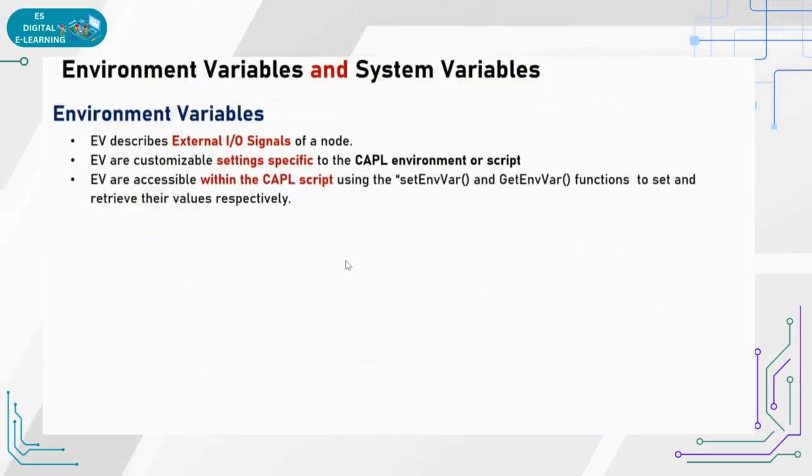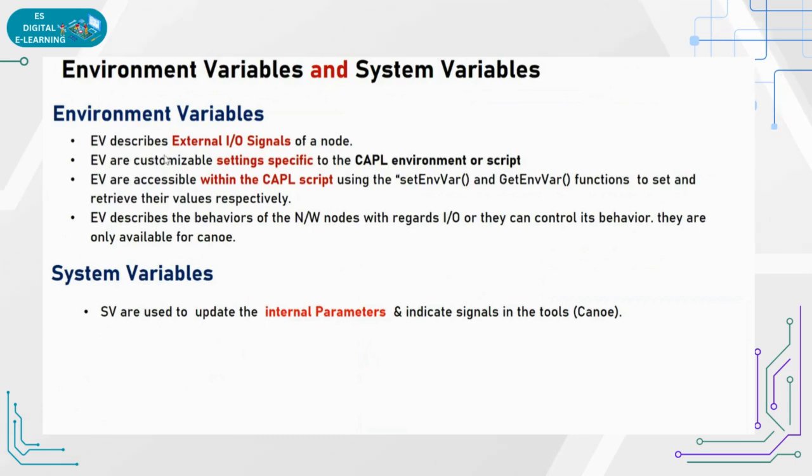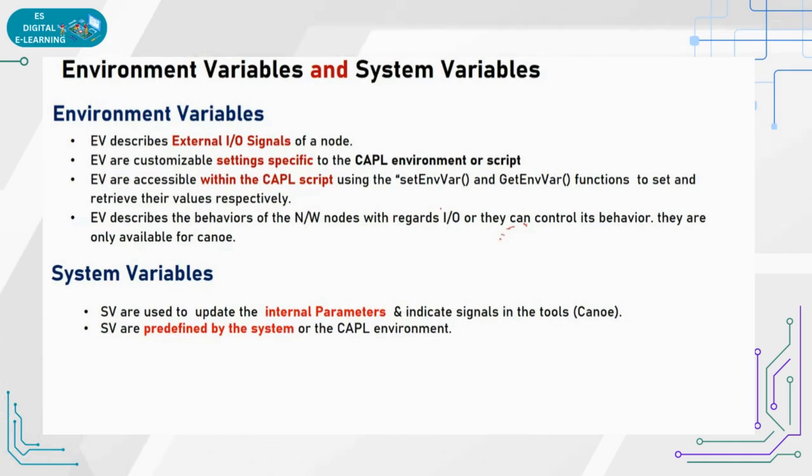And next, whatever we discussed about environment variables and system variables, it is just an overview. Environment variables are the external IOs, the external IO signals, and system variables are the internal parameters that are indicated in CANoe.